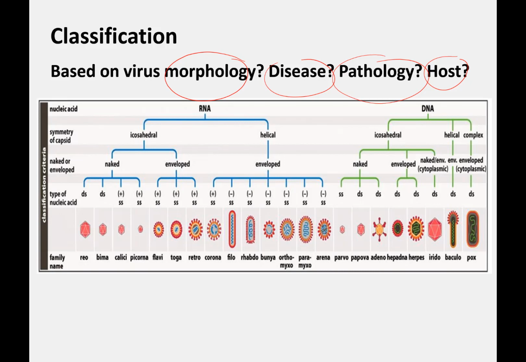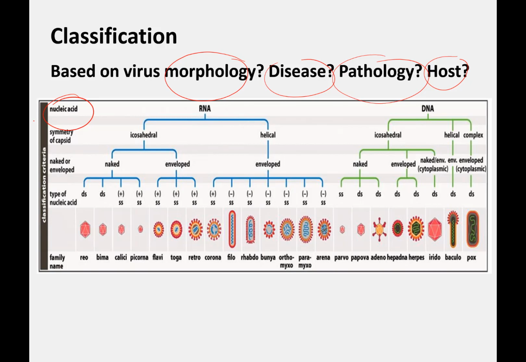And so what the virologists have decided to do for classification is base it on nucleic acid. So what type of genetic information does a virus have? And the reason for this is because this tells you actually a lot about how the virus reproduces and some of the general characteristics.